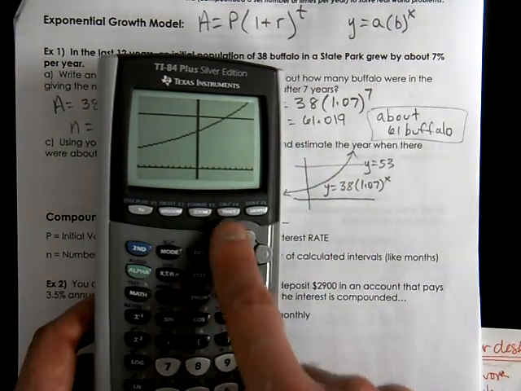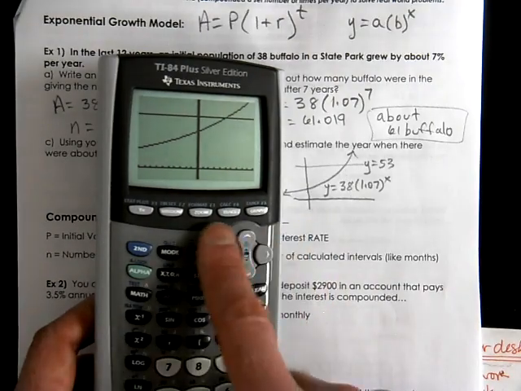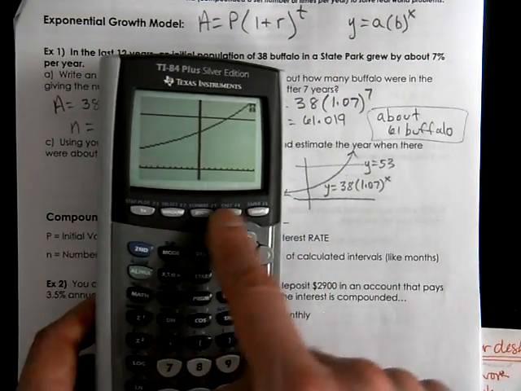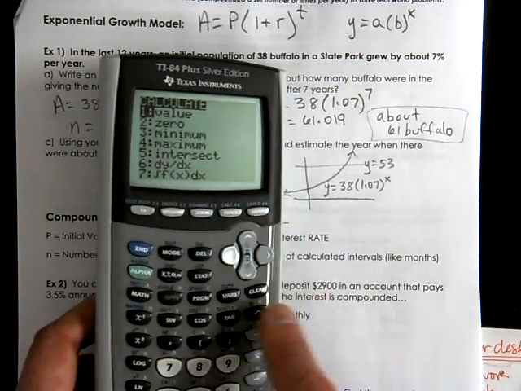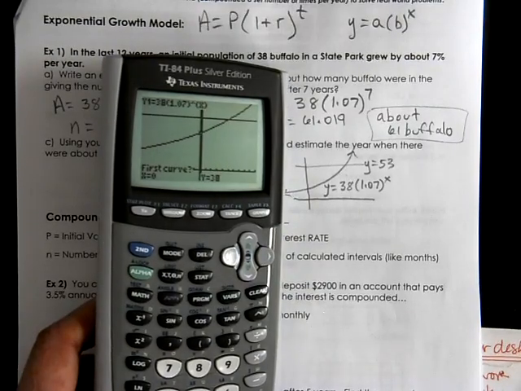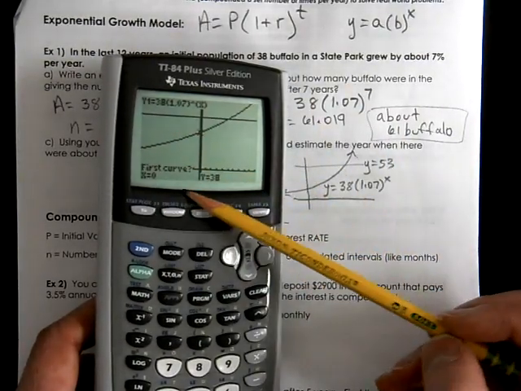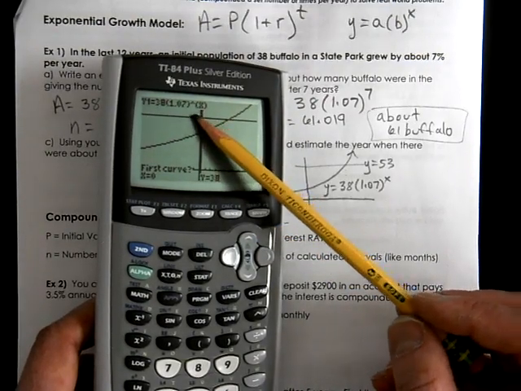We would do that not by using trace and arrowing over, because that's not going to be very accurate. We want to use second trace. We want to calculate for the intersection. So you have two equations that you've typed into your calculator. You have your first curve and your second curve.